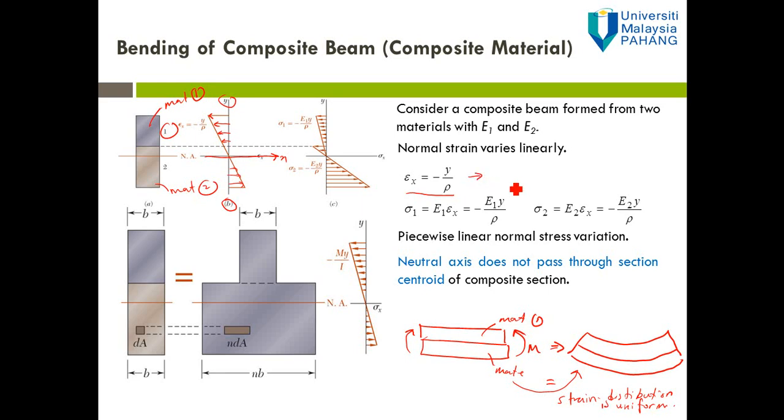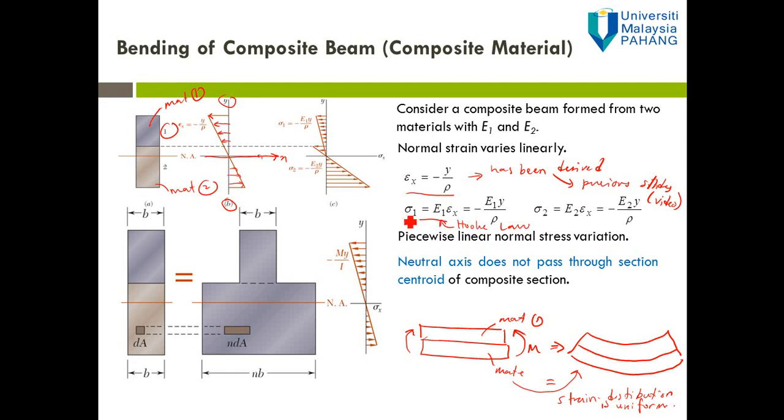This has been derived in the previous video. Now if we expand the equation for the stress, the stress in material 1 must be equal to E1 times the strain. This is based on Hooke's law.